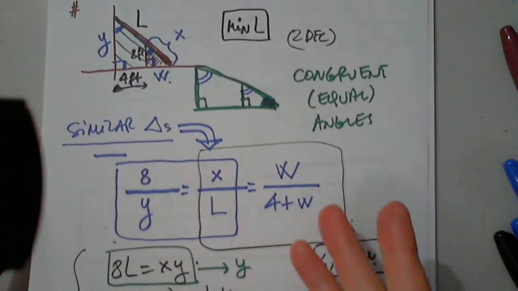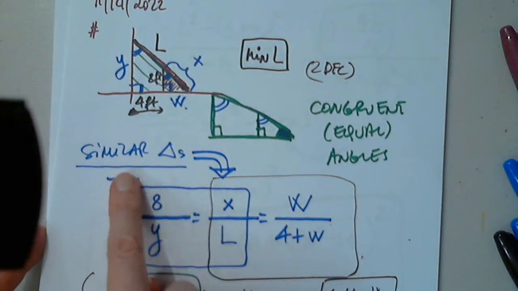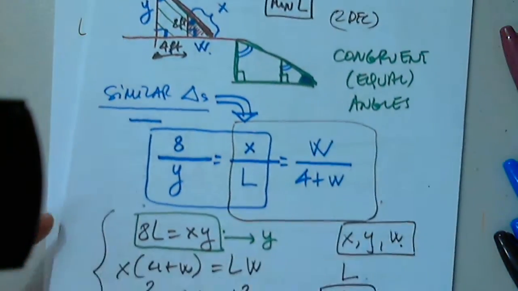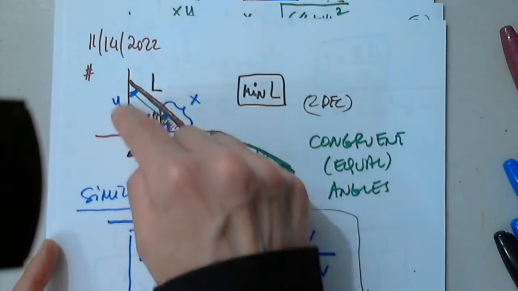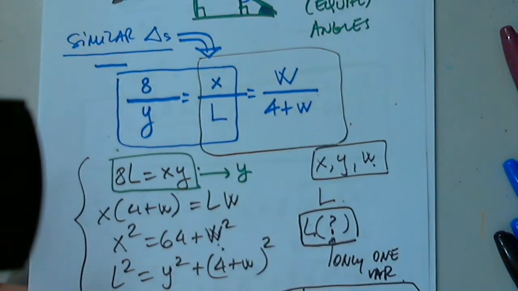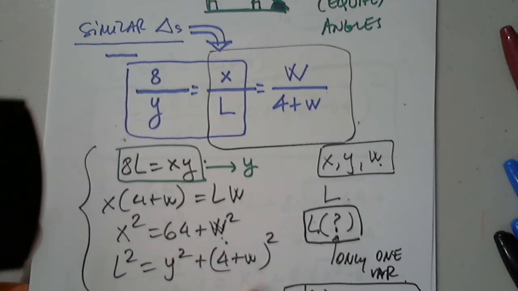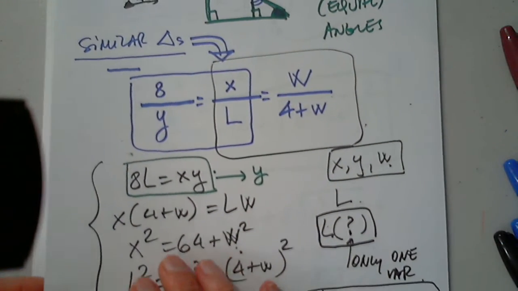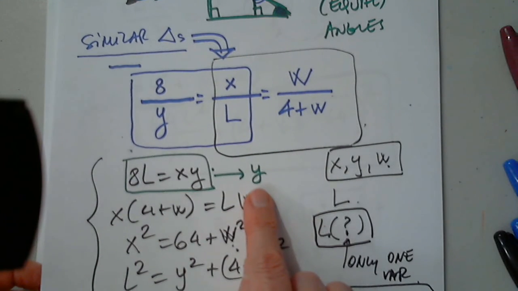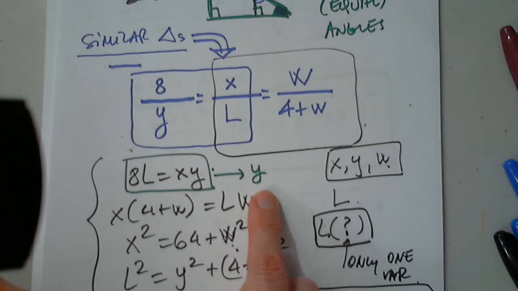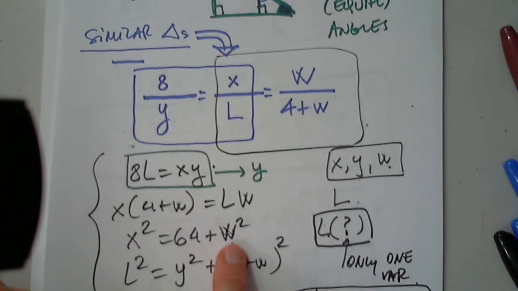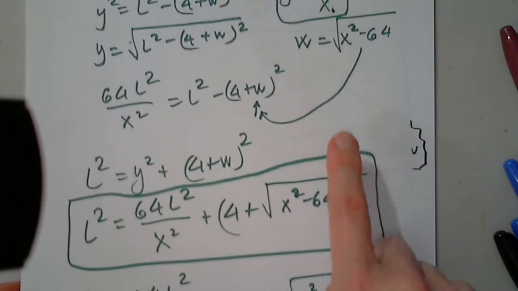So first what I did, I wrote the proportions for similar triangles, but then I applied the Pythagorean theorem in the small triangle and the Pythagorean theorem in the big triangle. And from this moment on, I solved this equation for y. I solved this equation for w, which is here.